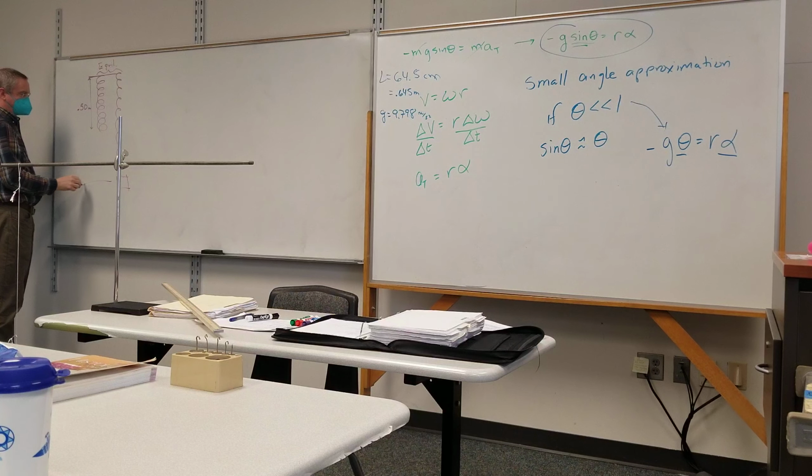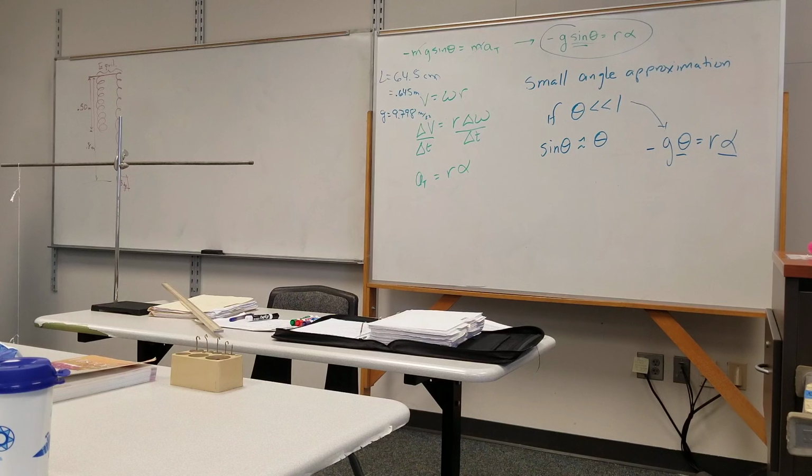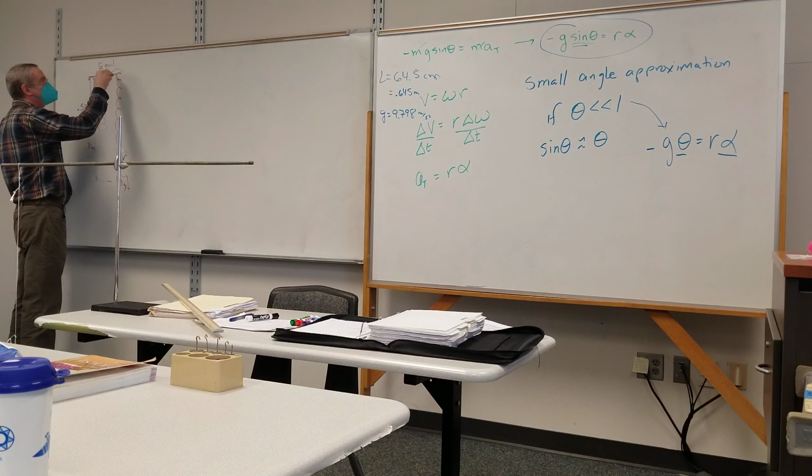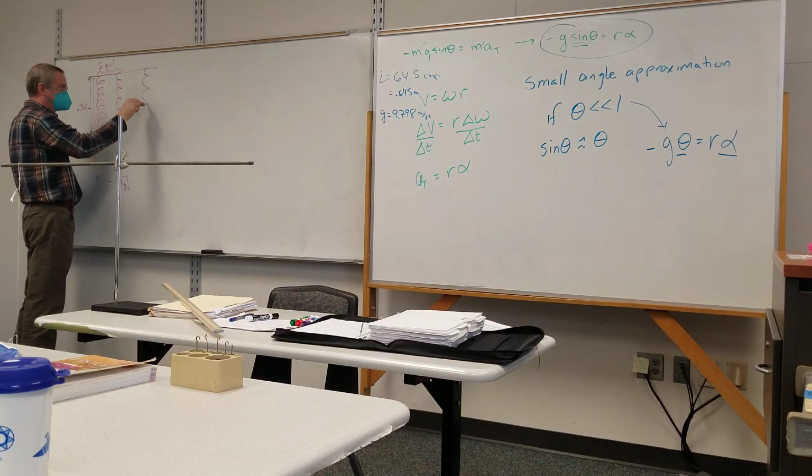Let's say it's now 0.8 meters, and we'll put a 3 kilogram mass. Then I pull it down, still the 3 kilogram mass, an additional 40 centimeters. How fast is that mass going when it passes this point right here?